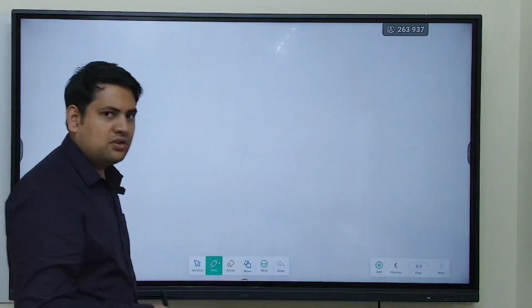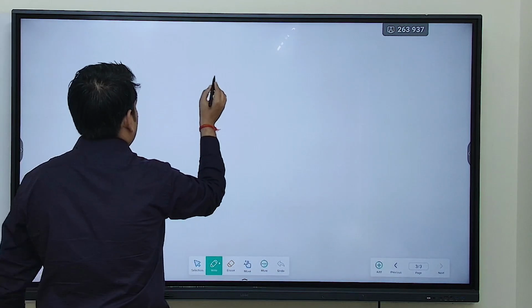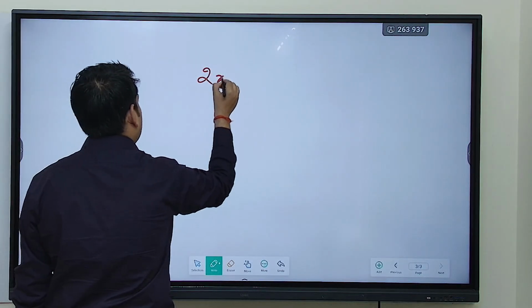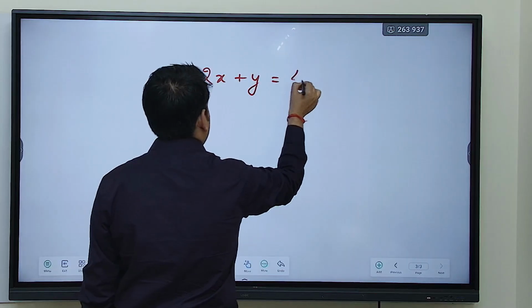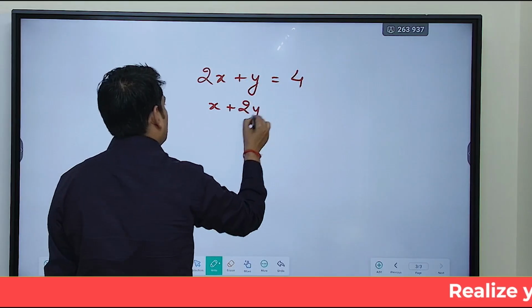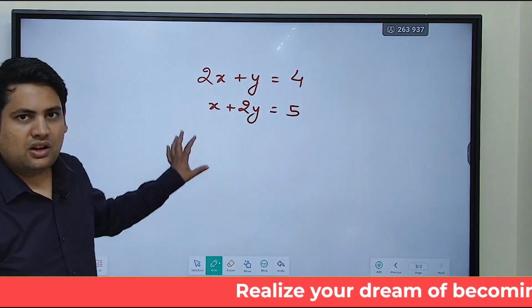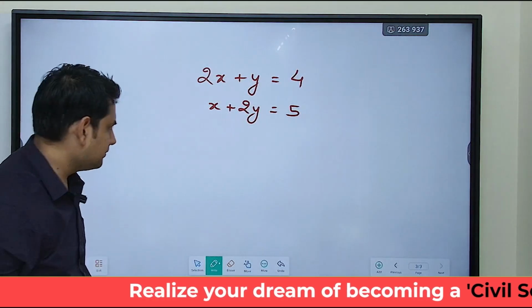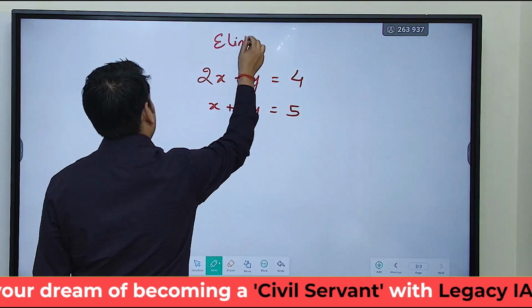Now if you have to solve linear equations, how will you solve it? Let's take that question that I wrote there. 2x plus y is equal to 4 and x plus 2y is equal to 5. Now how do we solve an equation like this? First we are learning the elimination method.